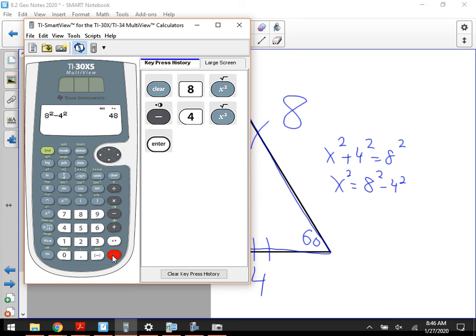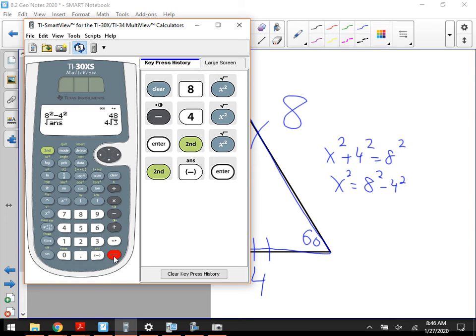Now, in these calculators, if I hit second square root, and then I go back, second, remember the answer button? We're going to use this answer button a lot. And then I hit enter. I get 4 root 3. Everybody see that? Okay. Now, square root of 3, that's just some number, isn't it? Remember, these calculators keep things in what are called simplified radical form.